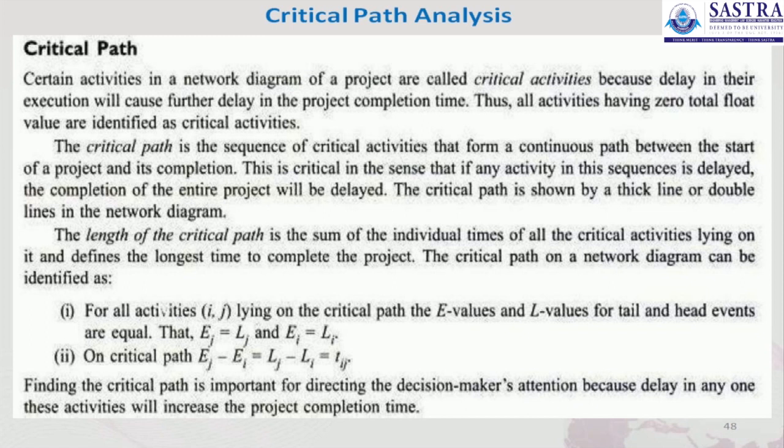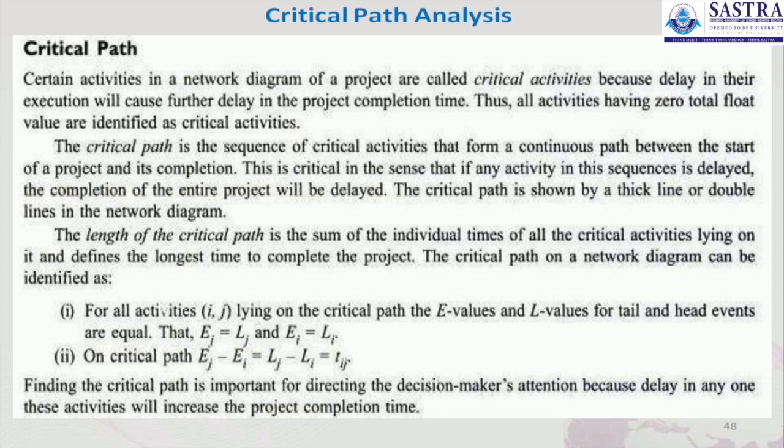It is critical in the sense that if any activity in this sequence is delayed, the completion of the entire project will be delayed. The critical path is shown by a thick line or double lines in the network diagram.